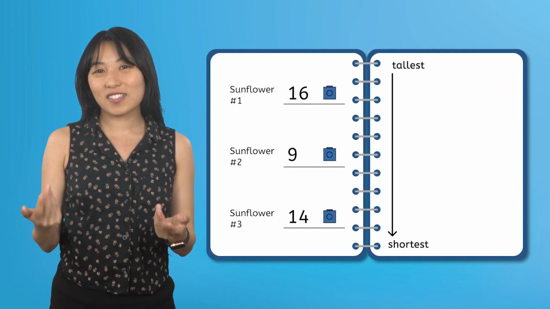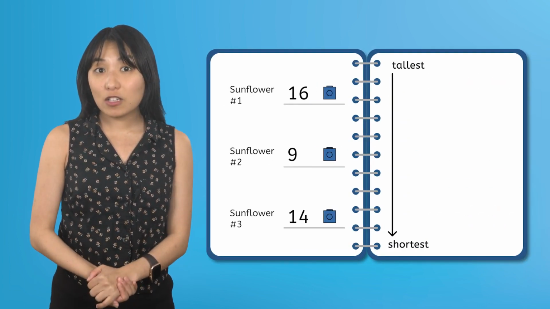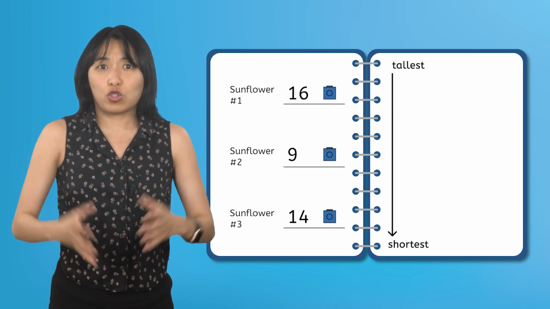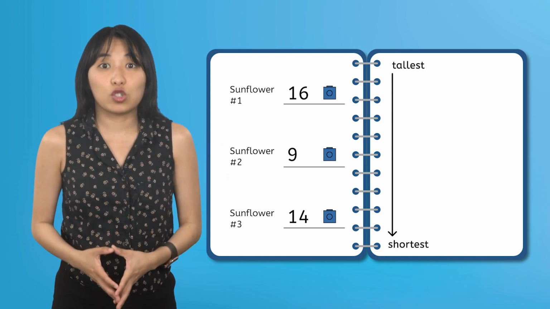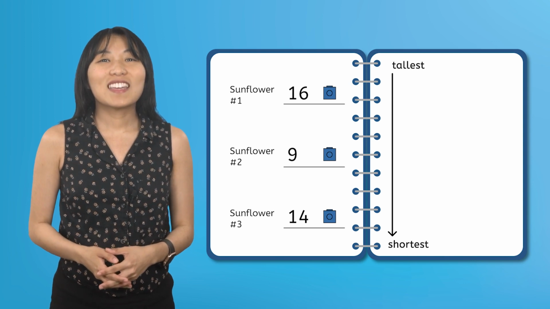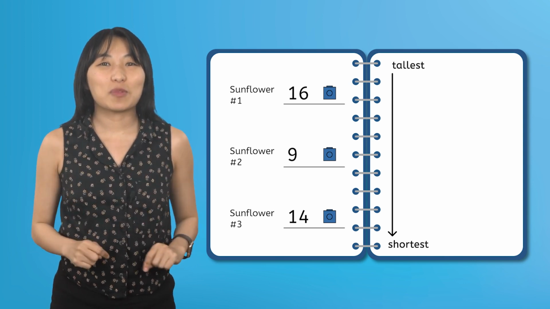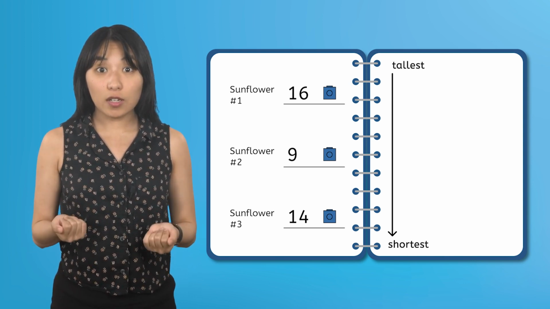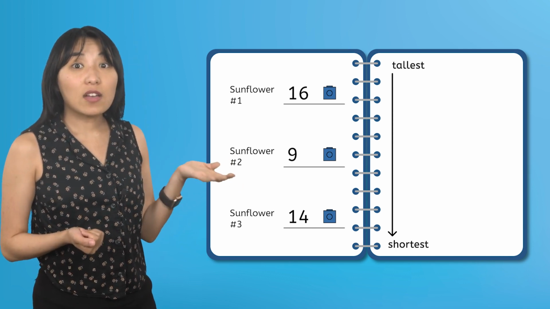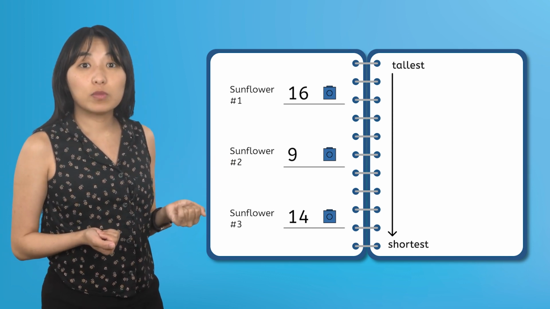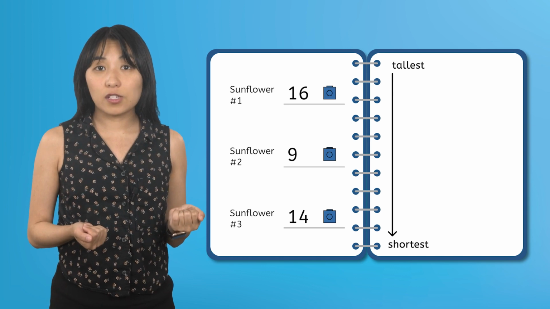The final thing Milo asked for our help with is the sunflowers. He told me that the pictures of the sunflowers were too big to fit into his notebook, so he just left the exact measurements for us. Take a look. This data tells us how many snap cubes tall each sunflower is.